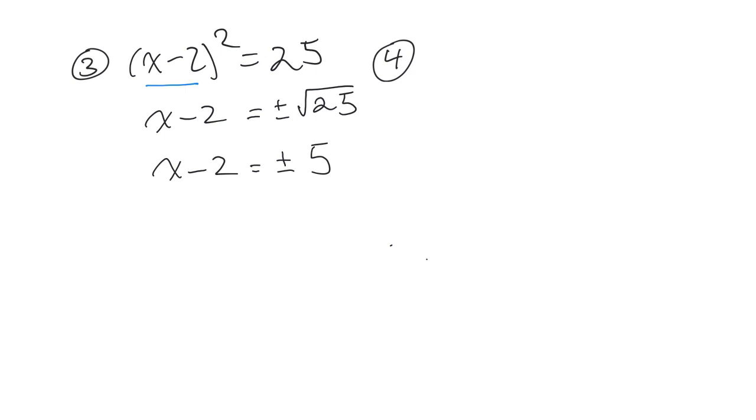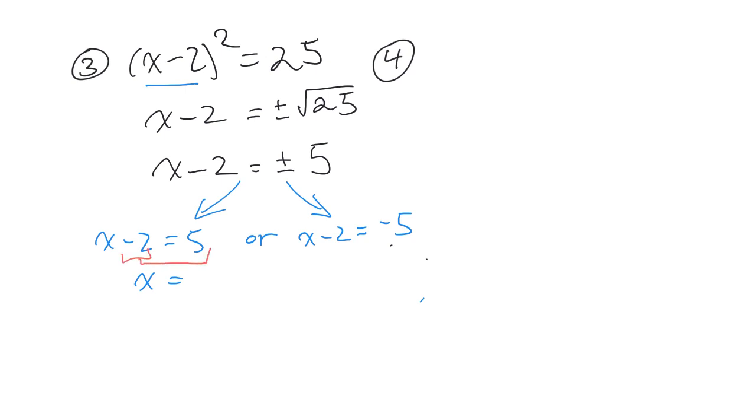So if you want, you could take this problem right away and say, well, this means x minus 2 is equal to 5, or x minus 2 is equal to negative 5. And then you know how to solve for x. So in this case, we're going to take the 2 and move it over here. So you're going to get 5 plus 2. So x is equal to 7.